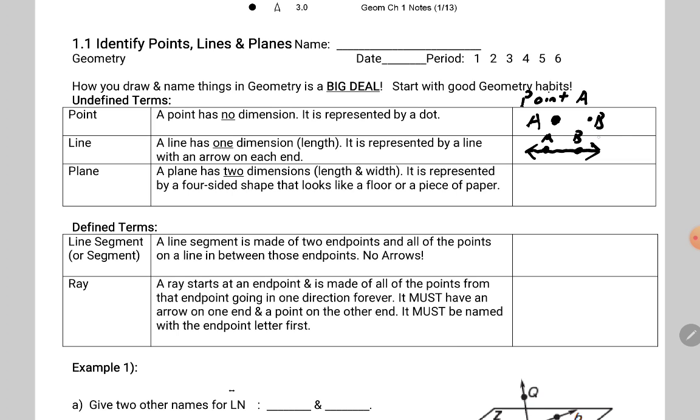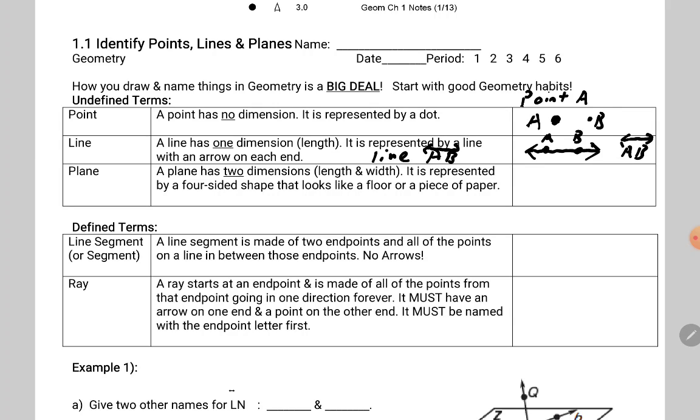So here's A and B. This would be called line AB, and we would draw the line above it. So that's its label.